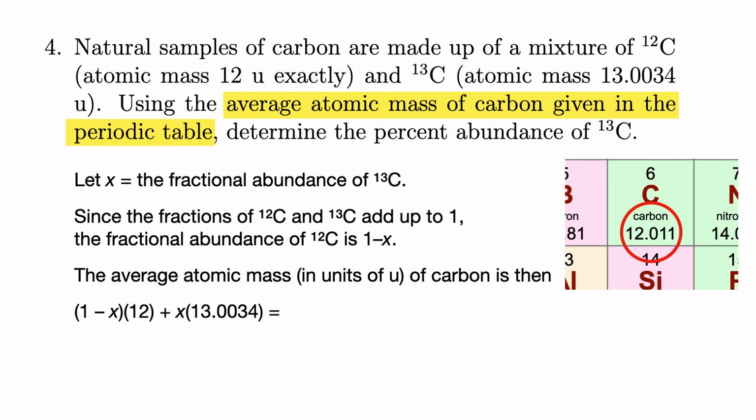And so we'll have (1 minus X) times 12 plus X times 13.0034. And that all adds up to the average atomic mass of carbon, 12.011.